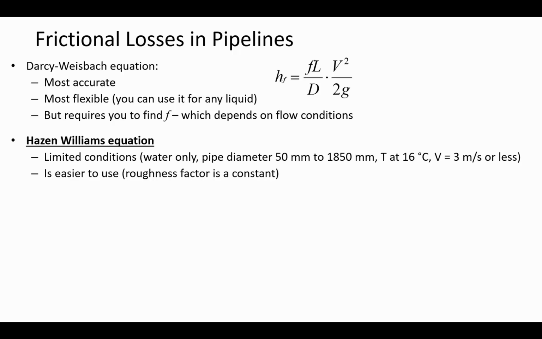Things are simpler with the Hazen-Williams equation because this equation was calibrated over a narrow range of flow conditions rather than being broadly applicable, and the Darcy-Weisbach equation is responsive to changes in temperature or changes in viscosity or changes in diameter. It can handle anything we throw at it.